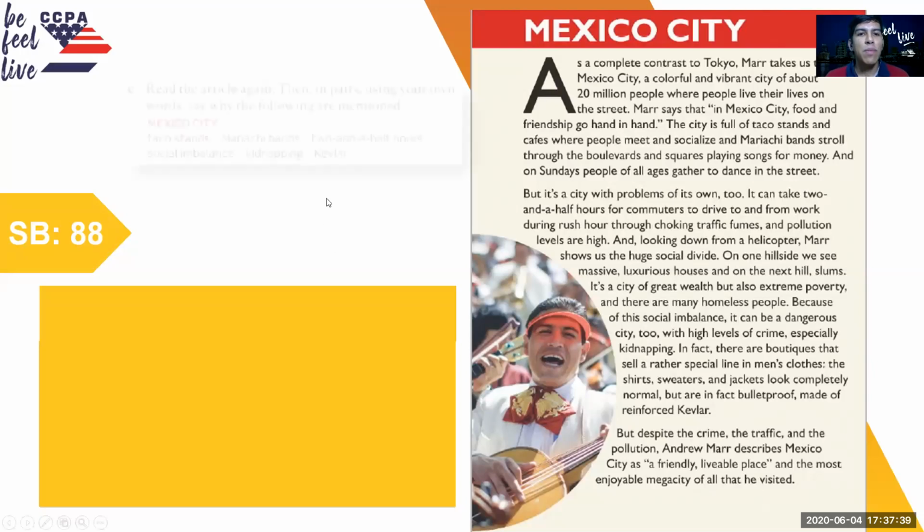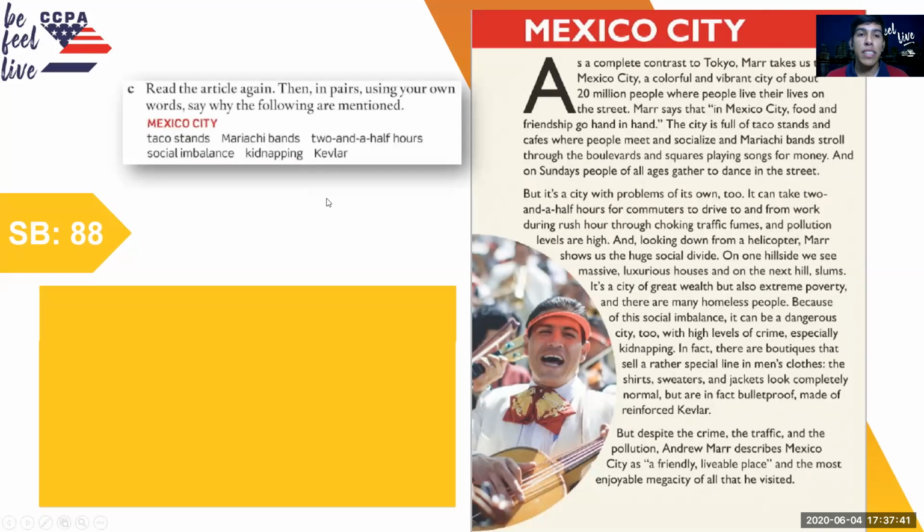So let's move now to the same activity. Now we have Mexico City. We have some expressions that were mentioned in the text, and we have to tell why they were mentioned. In this case, taco stands. What is said about taco stands in the reading? Let's have Pablo Benitez.